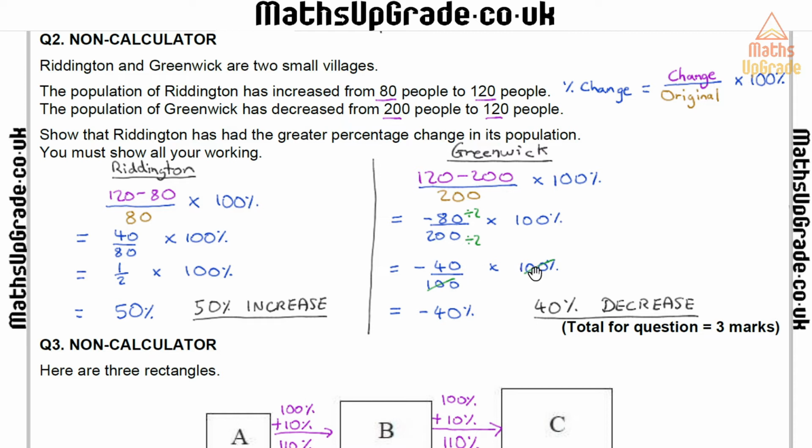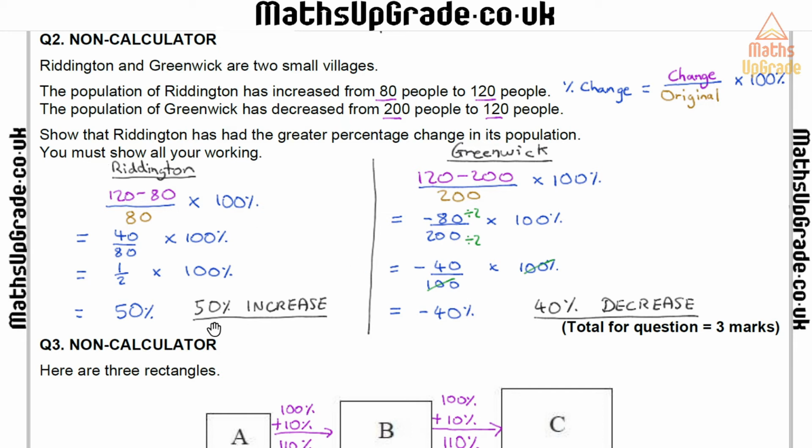When I multiply by 100, the 100s just cancel. Remember, this line, the vinculum, means divide, and since I'm multiplying by the same amount, these two things cancel out. So I'm left with a 40% decrease, negative 40.